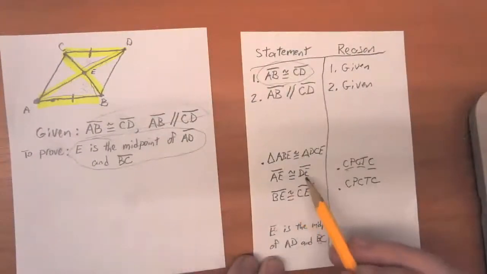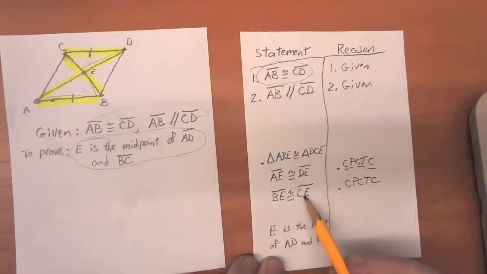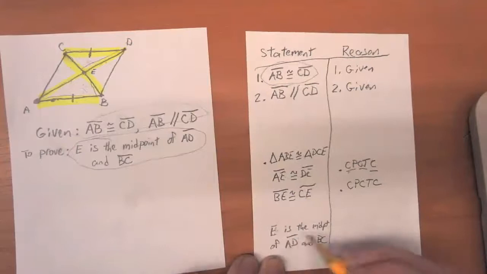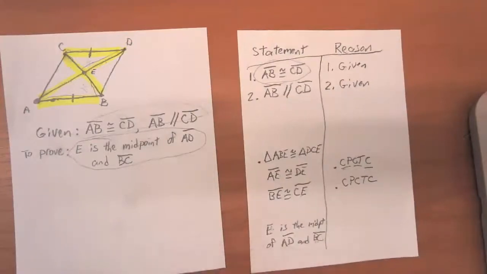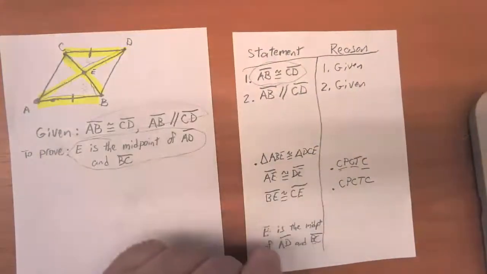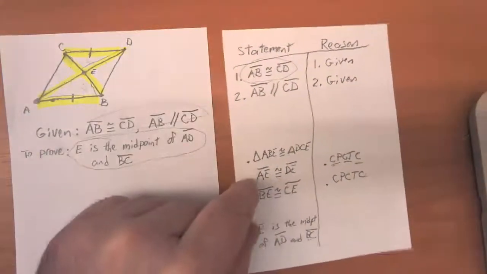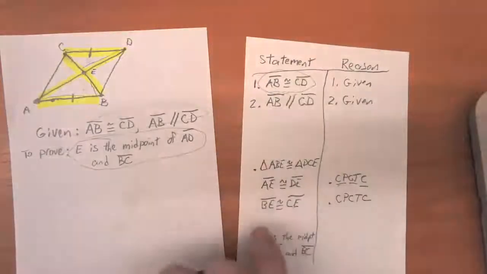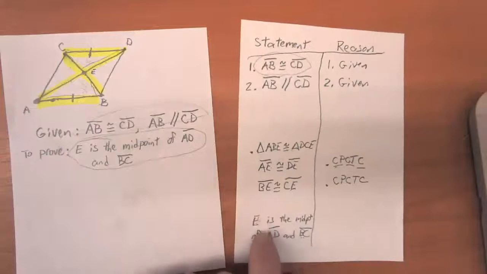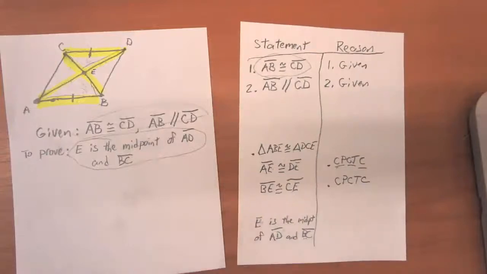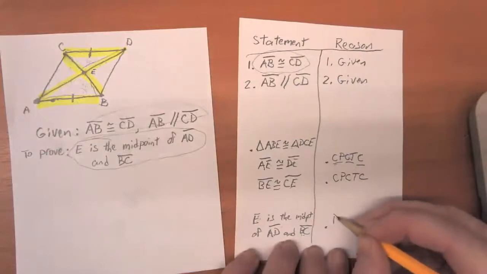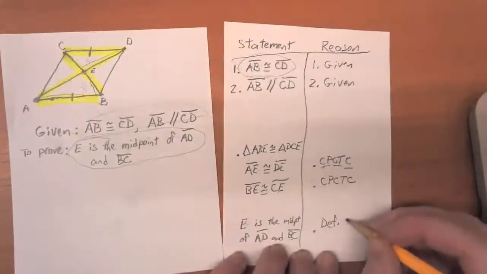So if I know AE is congruent to DE and I know that BE is congruent to CE, what makes me able to say that E is the midpoint of both of those line segments? Well, I'm really just saying the same thing I said here, aren't I? All I'm doing is saying if E is the same distance from A to D, and all those points are on the same line, then that just means E is the midpoint of AD. So the only thing I'm using there is the definition of midpoint.